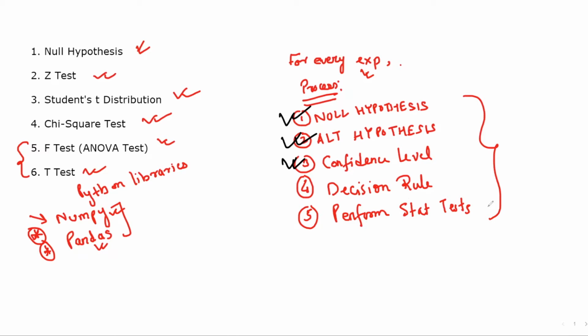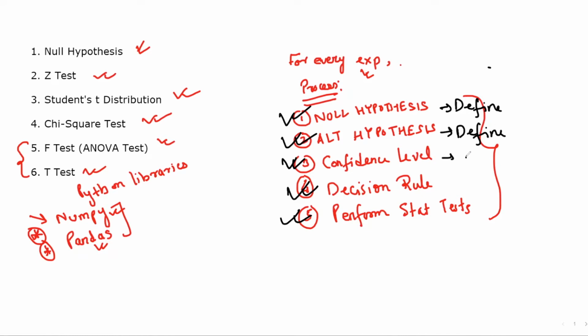So these are all the 5 processes that you will do whenever you perform any kind of experiment, to know something about a population, or to know something about the sample, or whatever it is. So you need to first of all do these 5 processes. You define your null hypothesis. You define your alternate hypothesis.